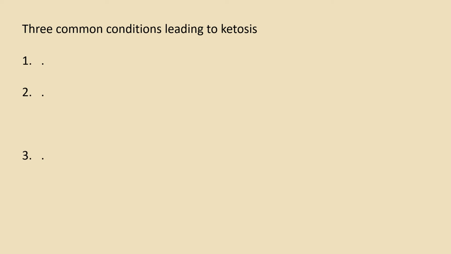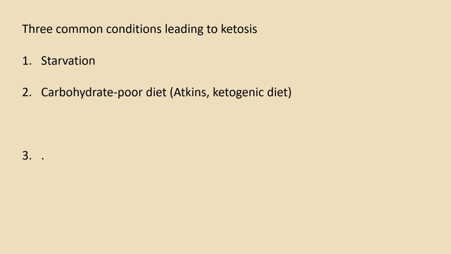So here are 3 common conditions leading to ketosis, having an elevated concentration of ketones in the blood. As I mentioned earlier, starvation, right? There are no new incoming nutrients, and your body is in the post-absorptive state and trying to maintain homeostasis using the molecules that it has on hand. The same thing is true for a carbohydrate poor diet, like the South Beach diet, the Atkins diet, or the ketogenic diet.